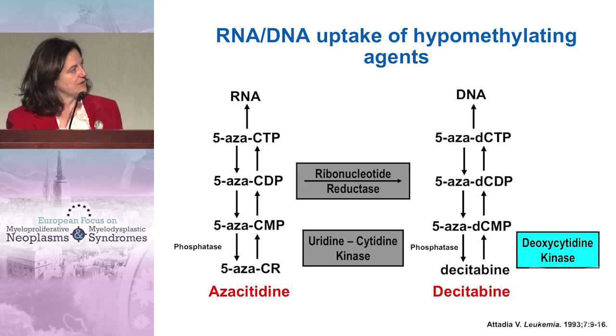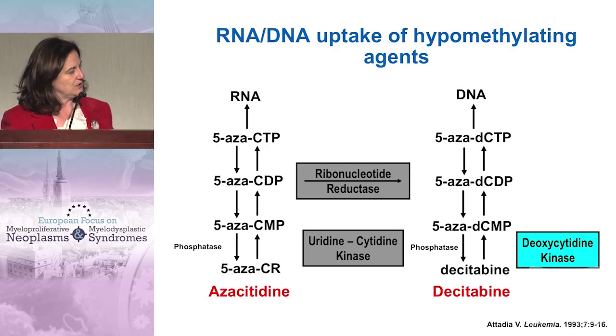So I do not need to introduce to you the molecule azacitidine and the analog, decitabine. These are two cytosine analogs that have been used already for some years, so I suppose that you are very much familiar with them.